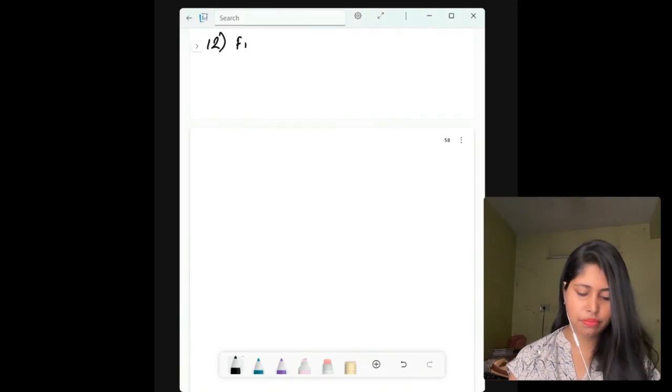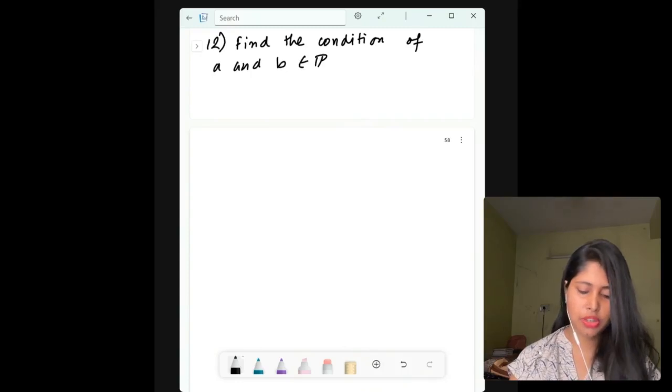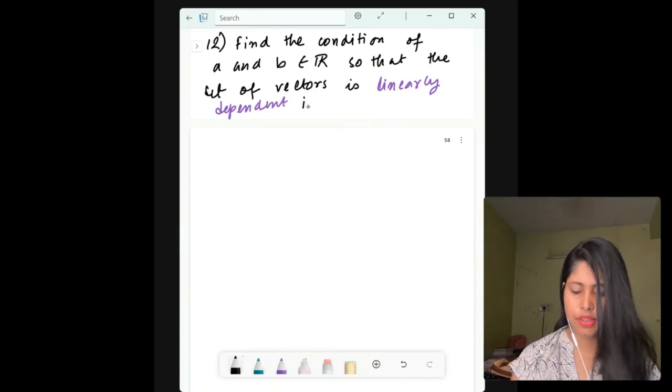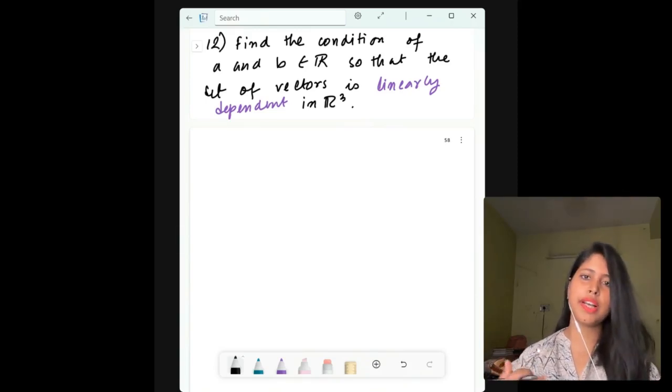Find the condition of A and B, which belong to R, so that the set of vectors is linearly dependent in R3. Okay, so here we will just do it like the previous one.